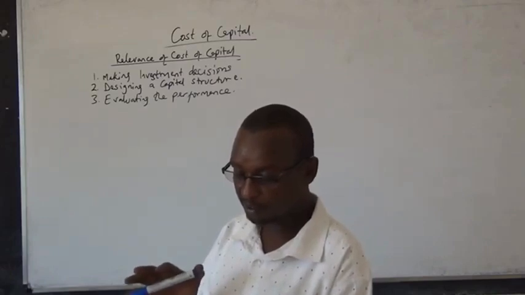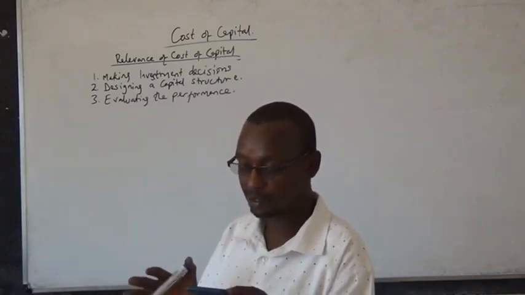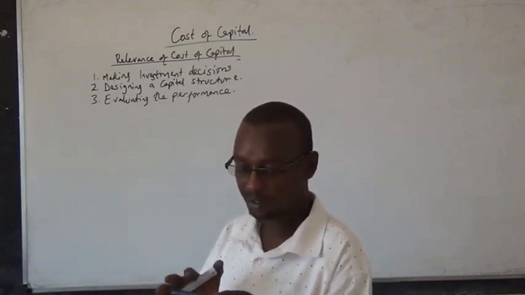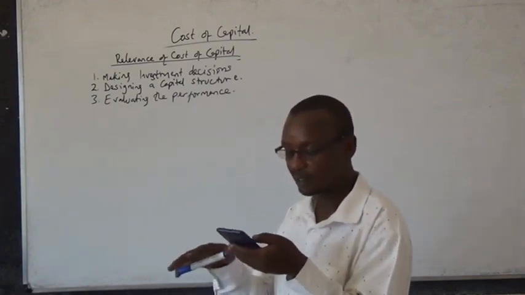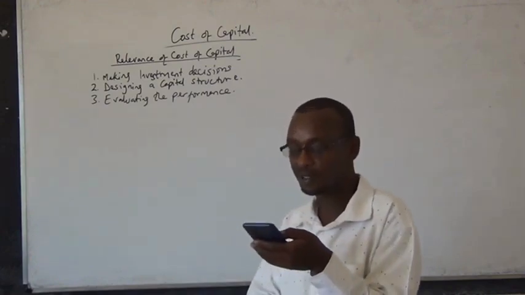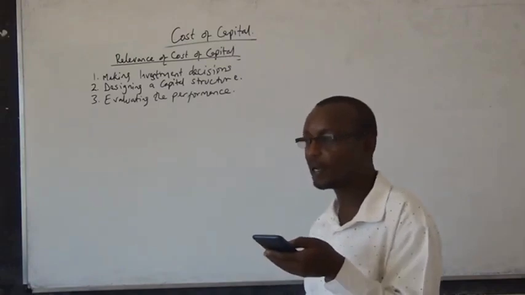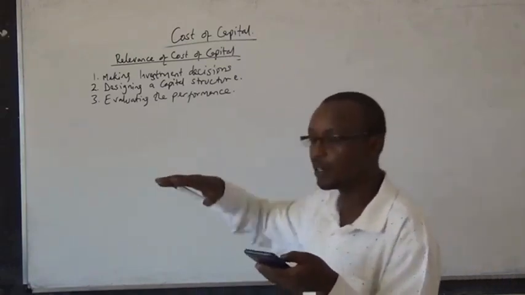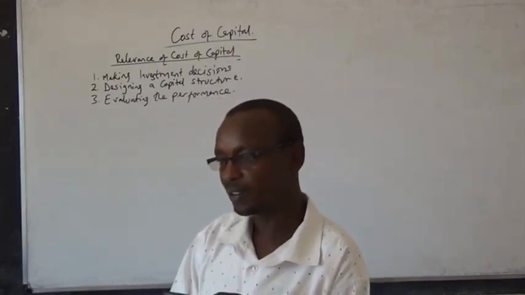So the activities of different departments are expanded or dropped on the basis of their performance. So when you want to add a new activity in a department, or we want to drop it, we can only do this with the cost of capital, and we see how much that department will carry.